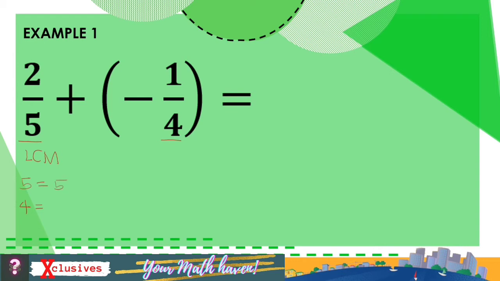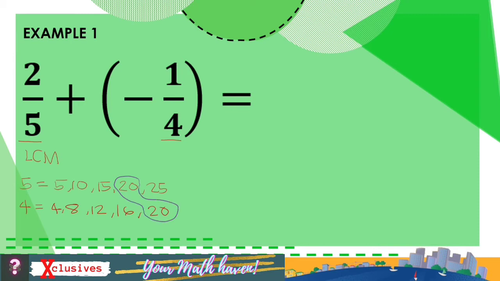That's 5, 10, 15, 20, 25. For 4, that's 4, 8, 12, 16, 20. We can stop at 20 because we already have the least common multiple, that is 20.